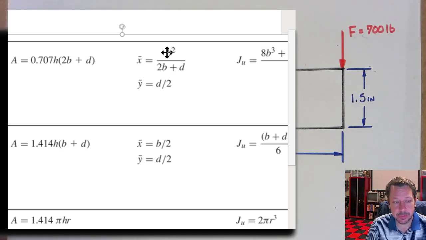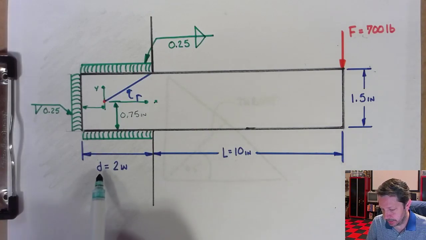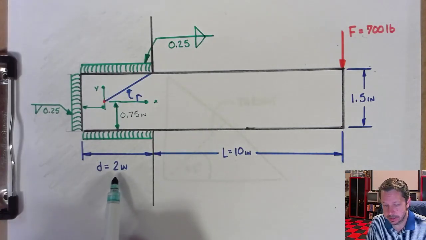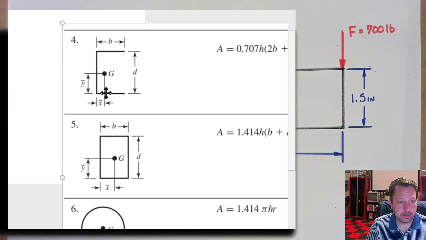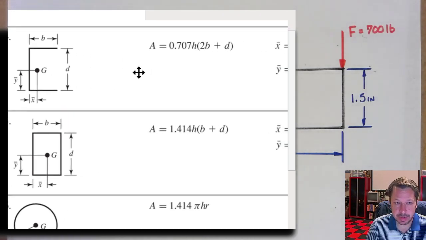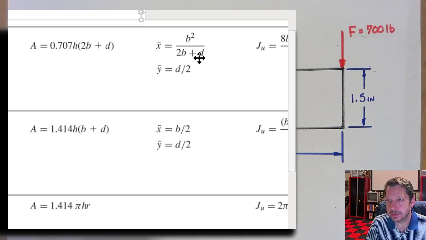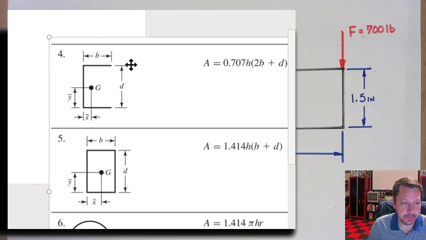Now you do have to be careful. On my picture, I have labeled something here as d equals 2 inches, but if I look at their picture, they have d as a different measurement. What I labeled d equals 2 inches, they actually have as the variable b. So don't just automatically go in and say, oh, d is 2 inches. Make sure that what you're putting in here matches up with the dimensions they're actually interested in.